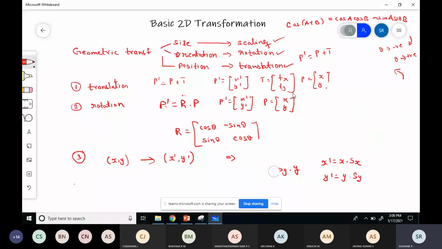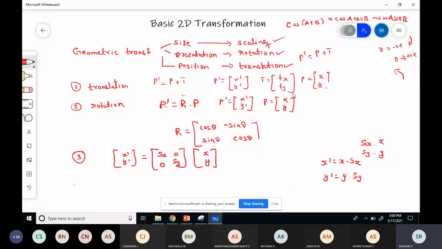Now how to represent this in matrix? X and Y can be represented in a matrix: X dash, Y dash is equal to the scaling factor matrix times X, Y. For the scaling factor, along the diagonals of the identity matrix, use the scaling values Sx, Sy.